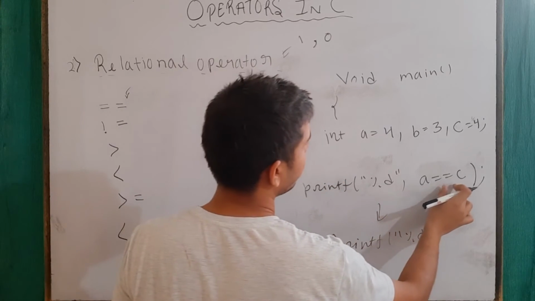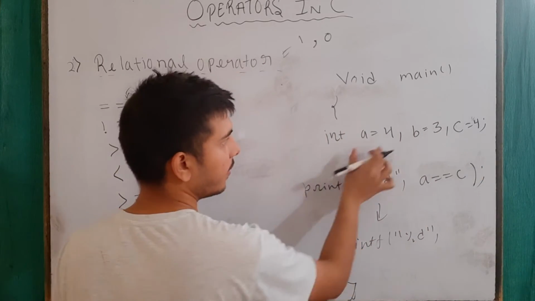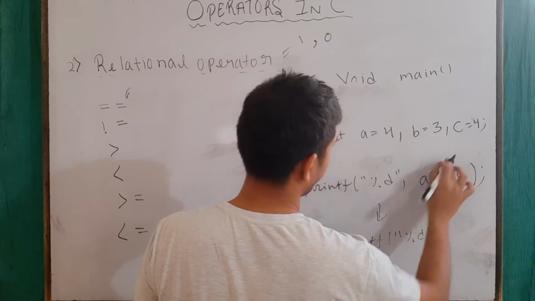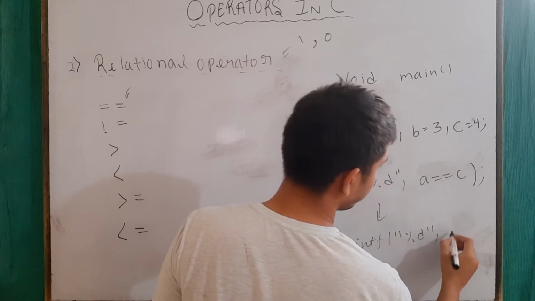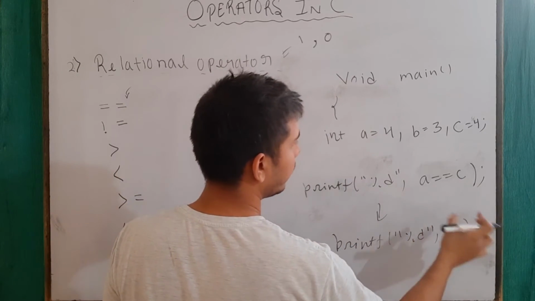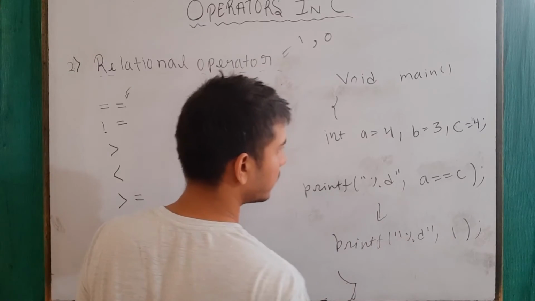Now is a equal c? A is 4, c is 4, right? Is 4 equal to 4? Yes it is. Then this condition is true and our output will give us 1, okay. When the condition is true, it will give us 1. When it is false, it will give us 0.